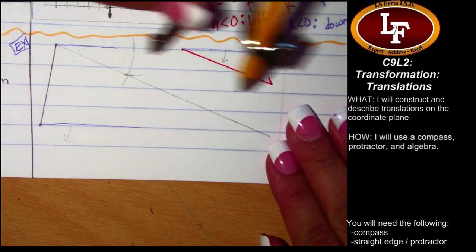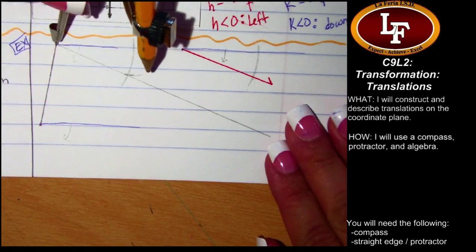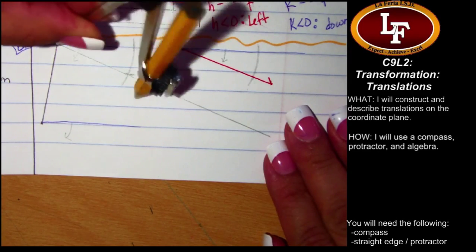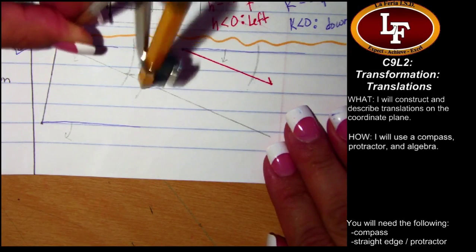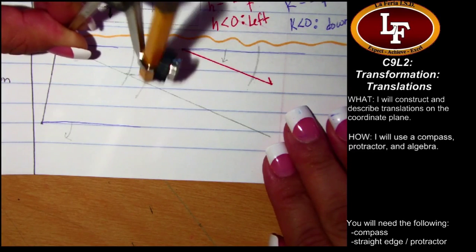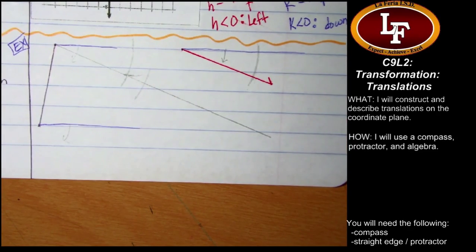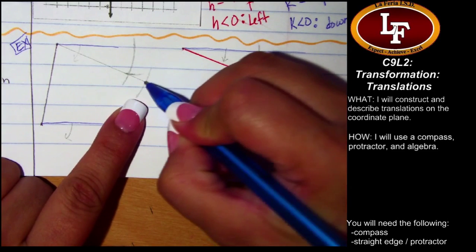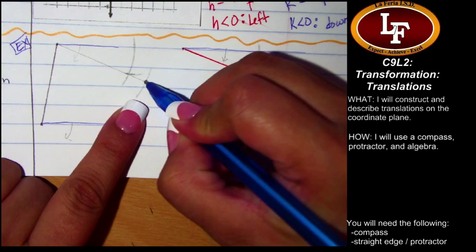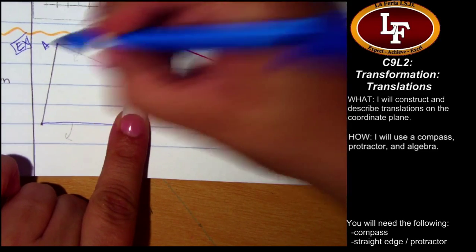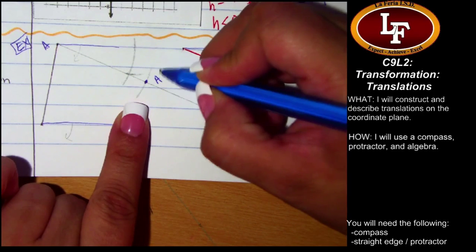And then I'm going to move my compass over to the endpoint that I'm moving. And I'm going to set an arc down to intersect that ray that I created, showing where the vector was going toward. Where those two things intersect, right there, that's the end of my vector. And so that is where this point is being translated to.